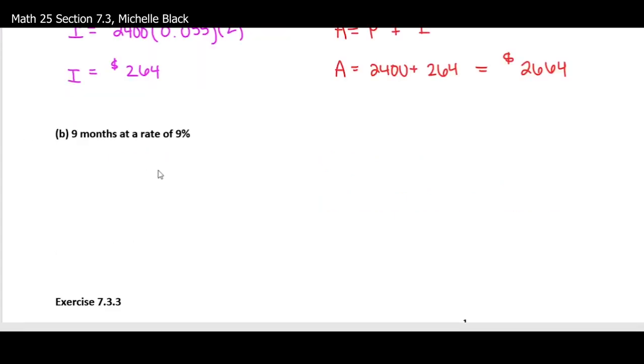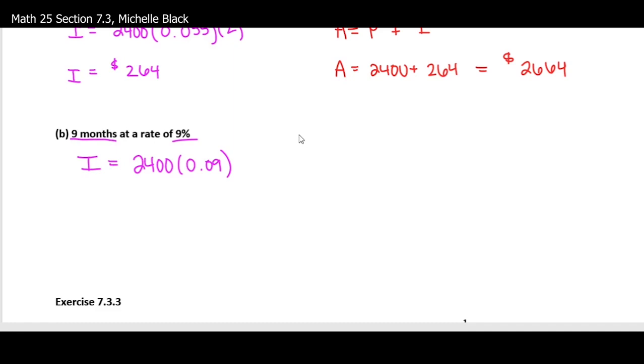Part B, we are doing the same exact problem, but for 9 months at a rate of 9%. So our principal hasn't changed. Our rate has changed, so I'm going to change this to a decimal, 0.09. And our time has changed to 9 months. You do not want to write 9 here because remember, the time needs to be per year.